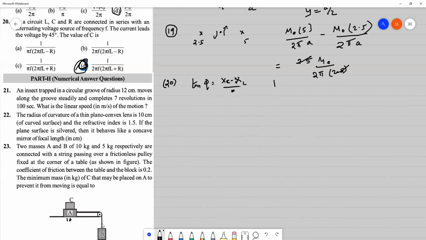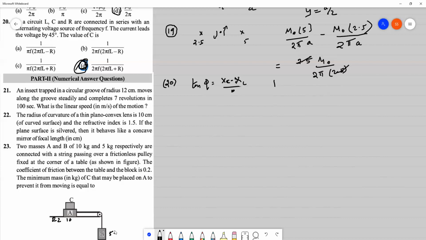This is 10 kg and this is 5 kg. The coefficient of friction between the table and the block is 0.2. Find the minimum mass M so that it prevents the block from sliding.